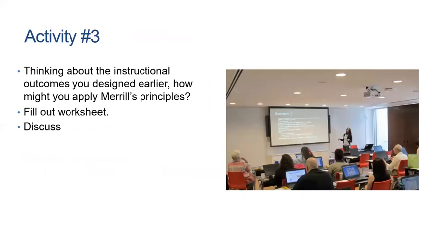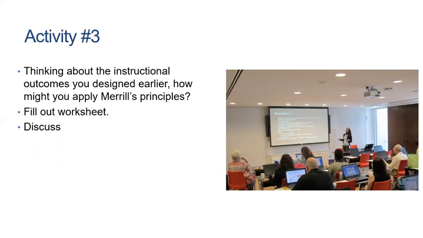So here we are, very quickly, we've come up on activity number 3. This is our last activity. I want you to come back and think about those instructional outcomes you designed earlier. How might you apply Merrill's principles here?